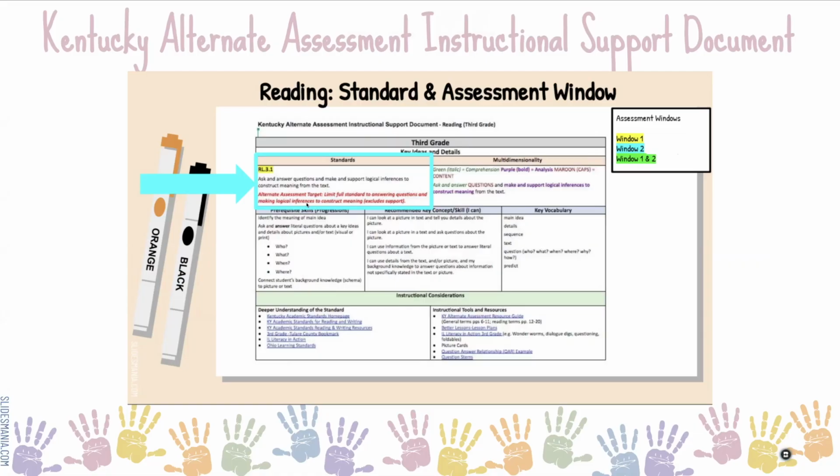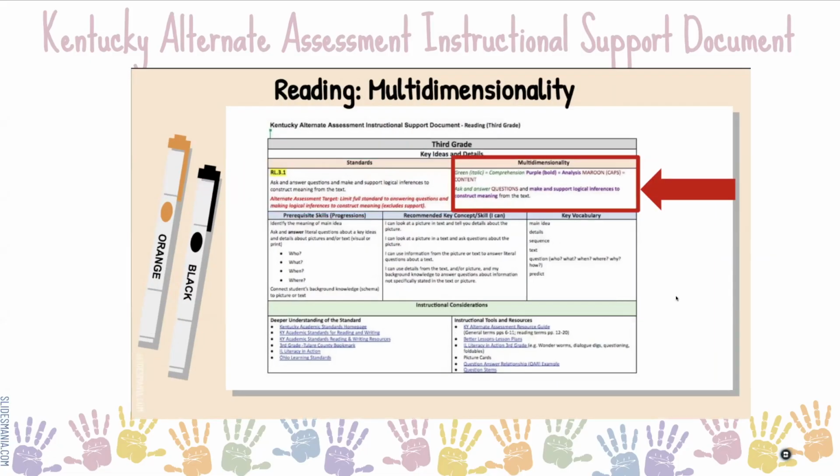And then underneath it is the target. And then over here, this is the multi-dimensionality piece. When you look at your standards, they are broken down into different sections. Like the green, this is your standard rewritten, and ask and answer is the comprehension piece.